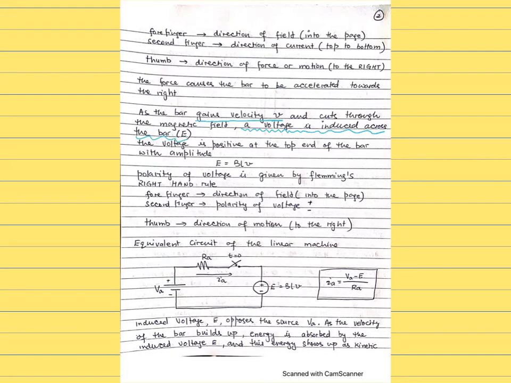The voltage induced, in terms of its amplitude, is given by E equals to BLV. Again, B is the magnetic field strength, L is the length of the conducting bar inside the magnetic field, V is the velocity it's going at.